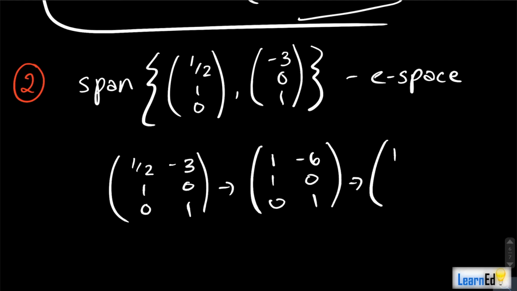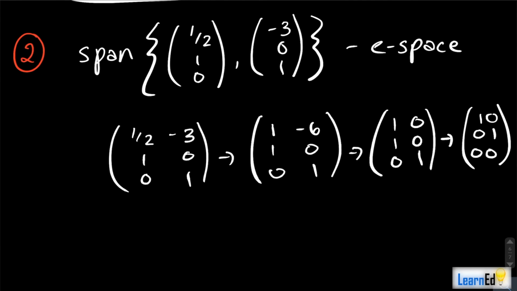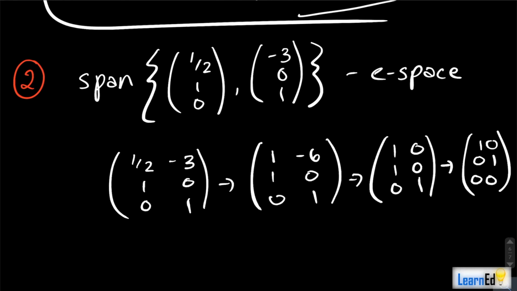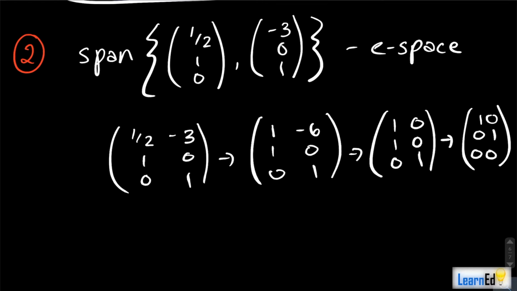Okay, so we can have 1, 1, 0, 0, 0, 1, in which case the second row is now a copy of the first row. So we get 1, 0. We'll bring the third row up, so we get 0, 1, and then we bring the zeroed out second row down to get 0, 0. So these things are linearly independent, and so this is also a basis for the eigenspace. Okay, so we can write that these things are a basis for the eigenspace.